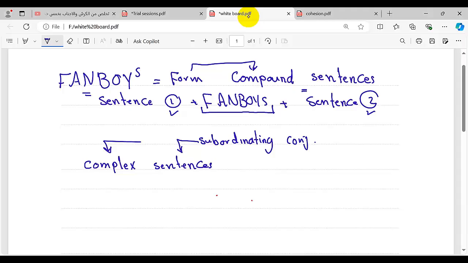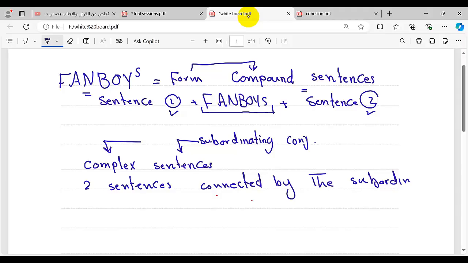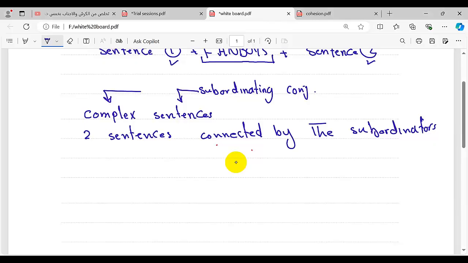What is the complex sentence? It means two sentences connected by the subordinators. What are the subordinators? It's very easy now. Subordinators are other conjunctions rather than the fanboys.